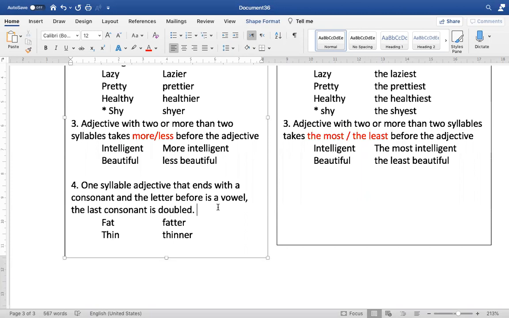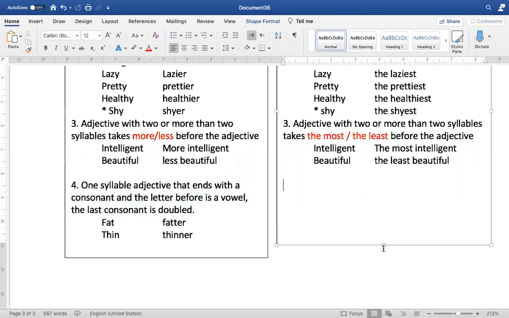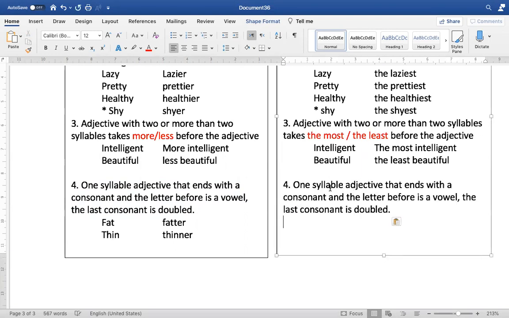And that is exactly the same rule for the superlative form of adjectives. So for the superlative, we say one-syllable adjectives that end with a consonant, with a vowel before it, have the last consonant doubled. Therefore, fat is going to be the fattest, and thin is going to be the thinnest.